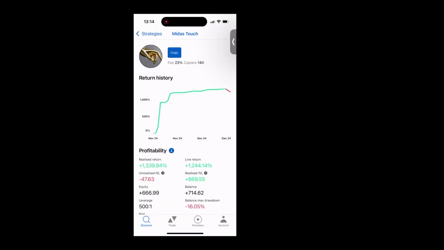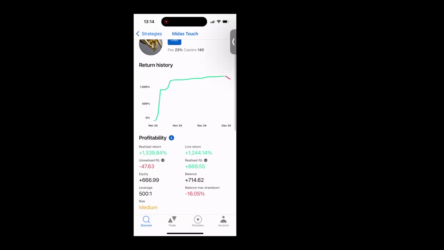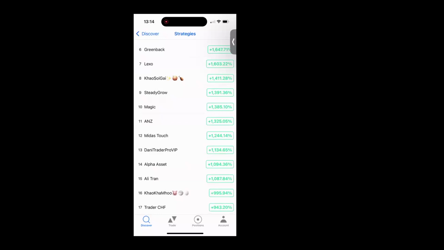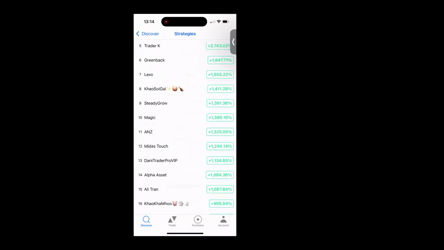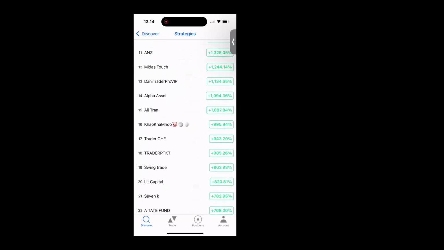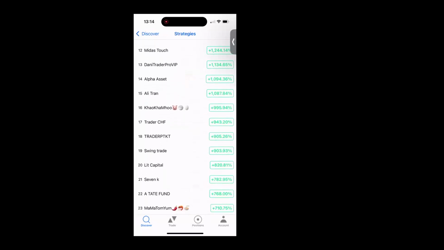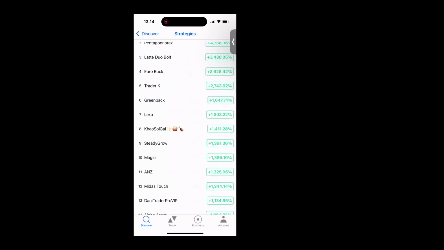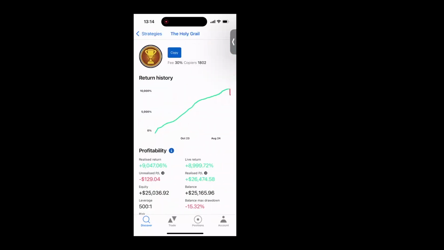And what's important to note here is that for all these charts, they are plugged into the live trading account. They are 100% accurate and a live portrayal of what the trading account is displaying. So here, for example, on Holy Grail, you can see those percentage returns at the top.